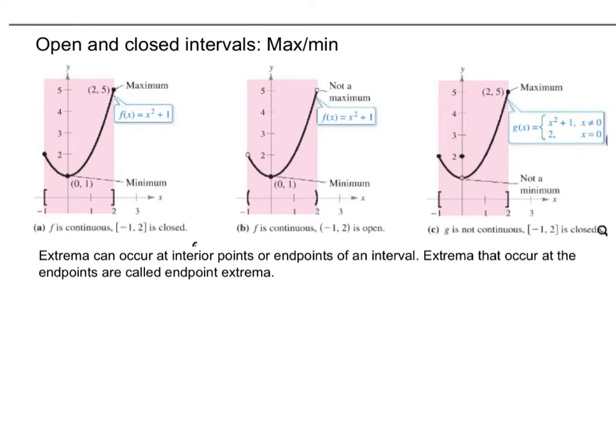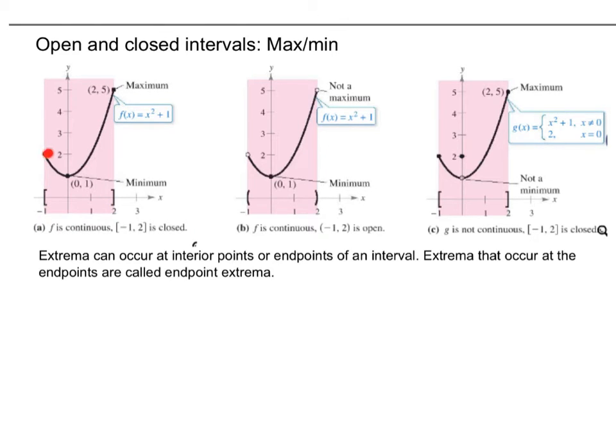Now, here's another really important concept that we need in calculus, and that's the idea of an open and a closed interval. Oftentimes you can have a maximum value or a minimum value that's different depending on whether you have an open interval or a closed interval. So as we're looking here at this first example, we see that this is a closed interval from -1 to 2.